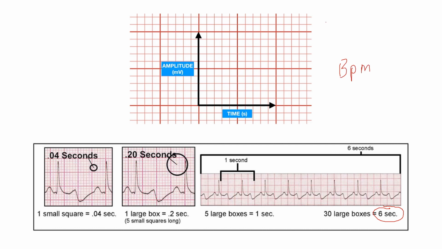You can determine a 6-second strip by counting all these little boxes if you wanted to. Say we have something that looks like that. We could count these, 1, 2, 3, 4, and multiply by 10, and we could get the beats per minute. That's one way we can do the heart rate.